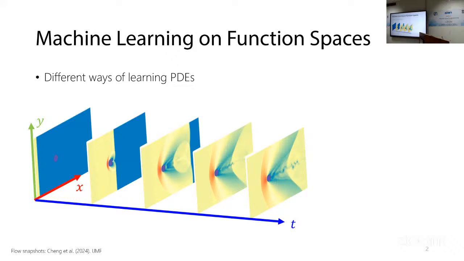We get to see the vortex shedding behind the cylinder. We also see the formation of the bow shock and things like that. So at the end of the day, we have some sort of video data, if you will.